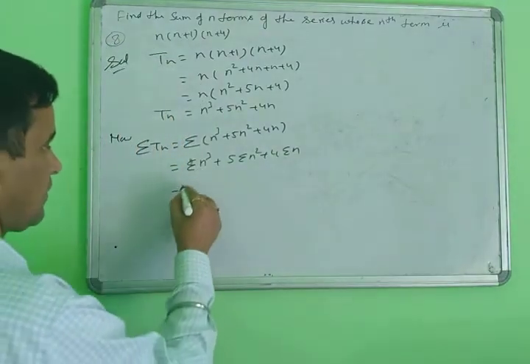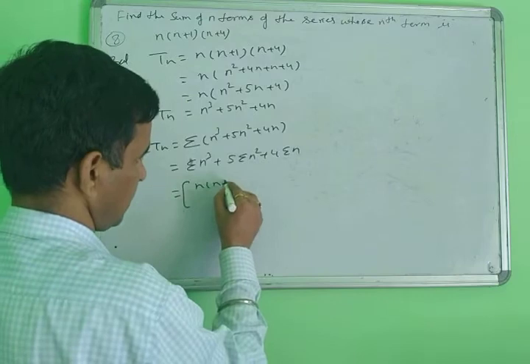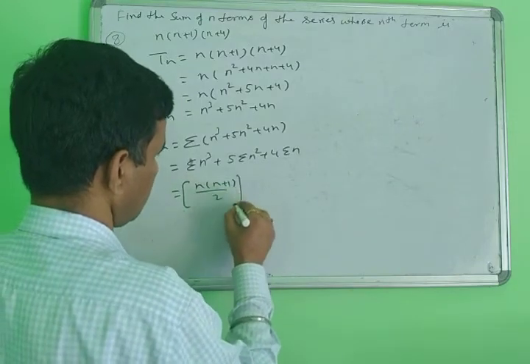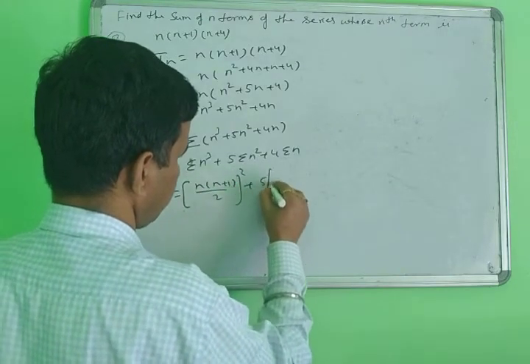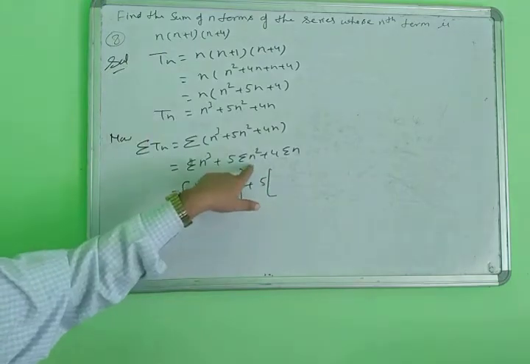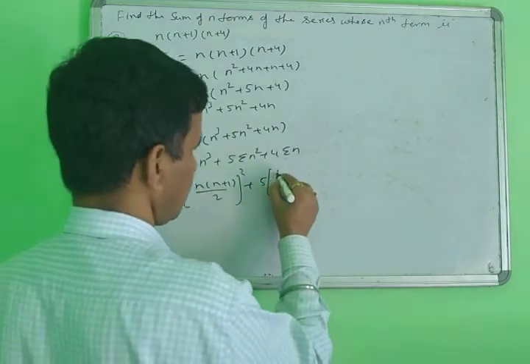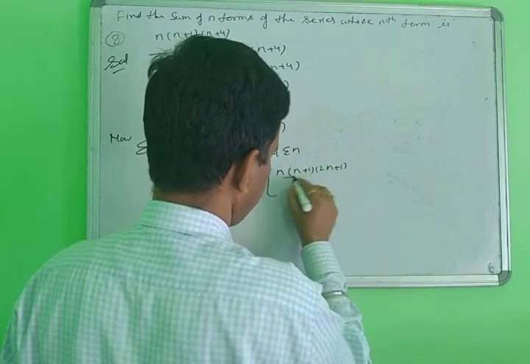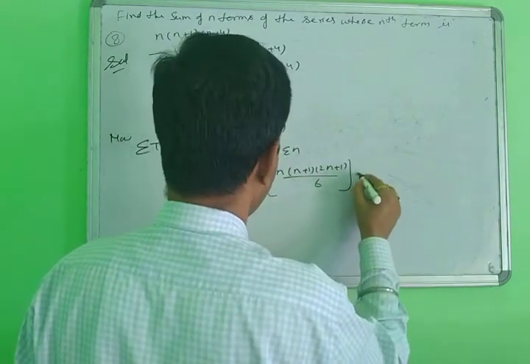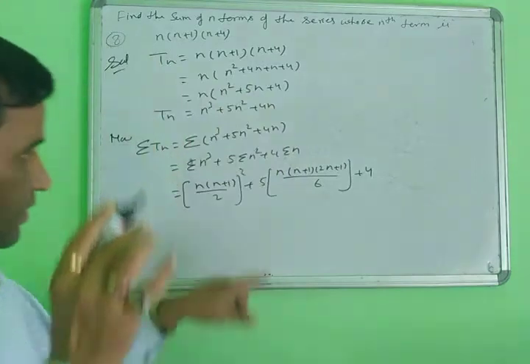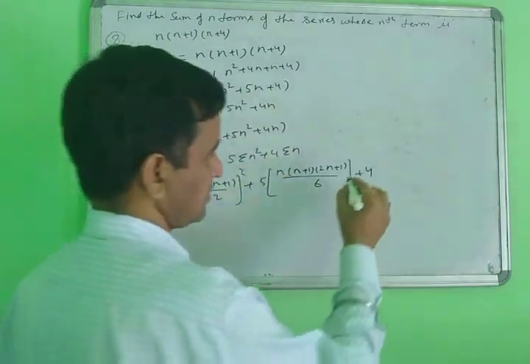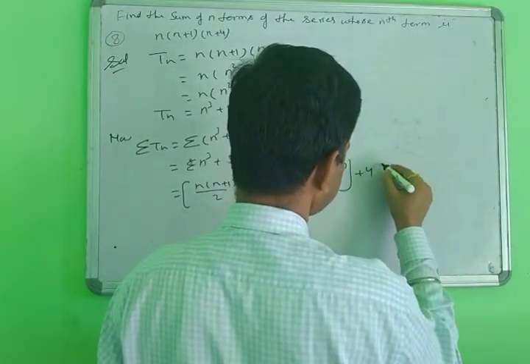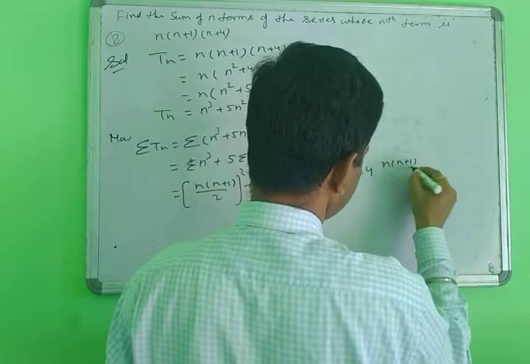It is n plus 1 upon 2, whole square. 5 times sigma n square, what is its value? n plus 1 and 2n plus 1 upon 6. Plus 4, and what is the value of sigma n? It is n plus 1 upon 2.